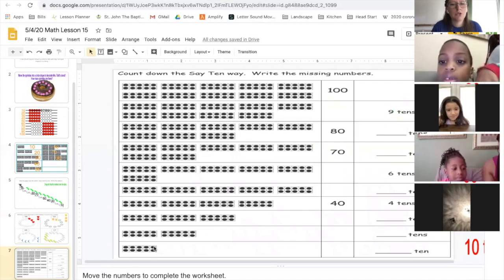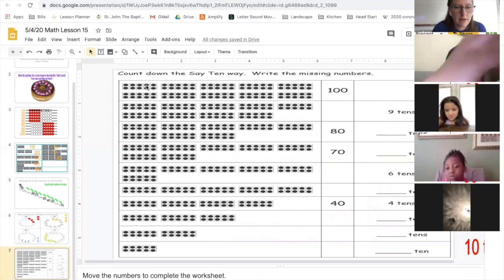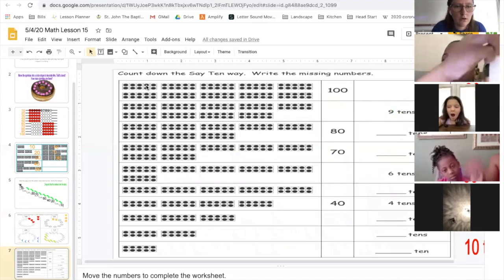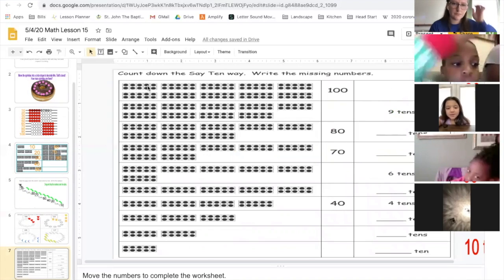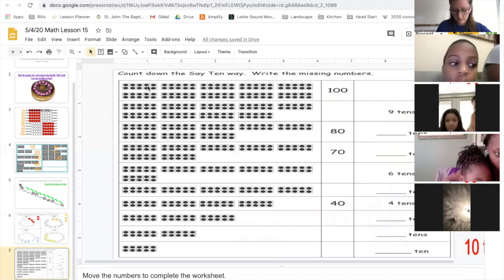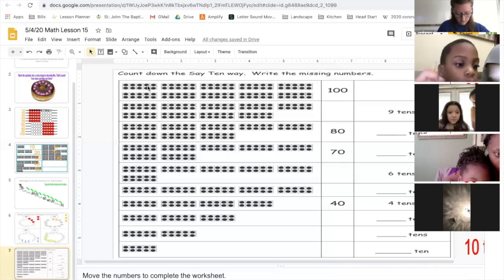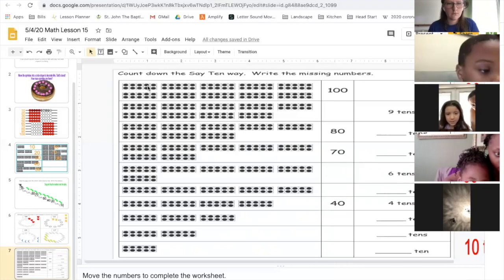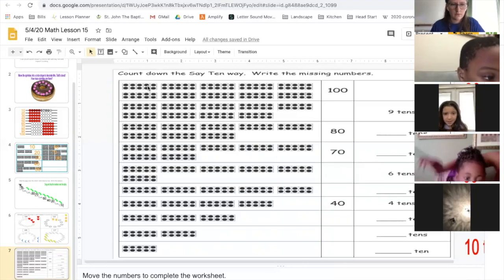All right, so in this first box across the top, count how many 10 frames you see. Let's count, right? 100, 90, and so on.